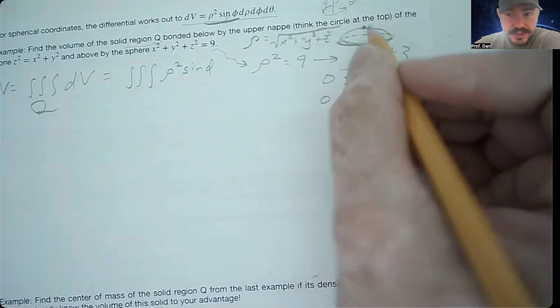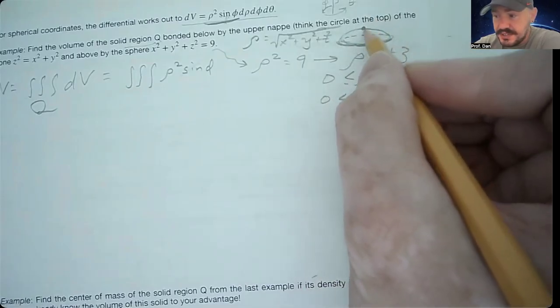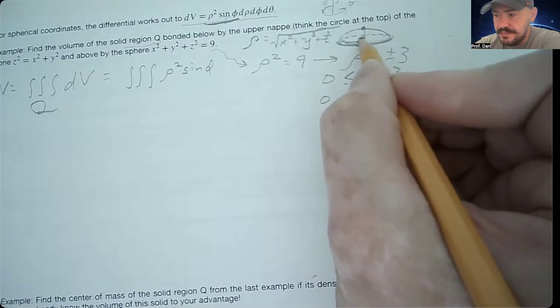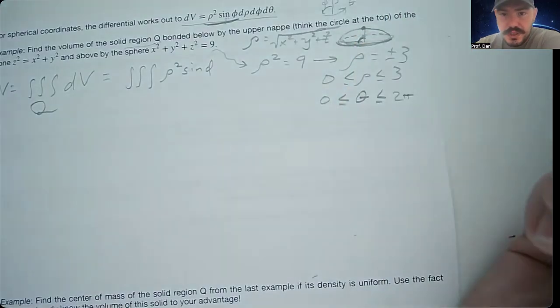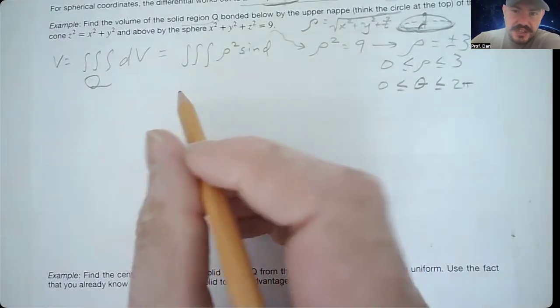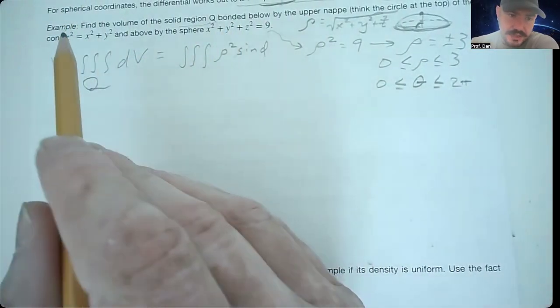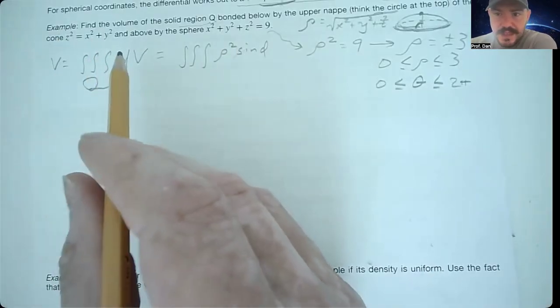We've already figured those two things out. The only thing I need to figure out now is the angle between basically these two. And to help me figure that out, I need to know about the intersection between the sphere and the cone, right?